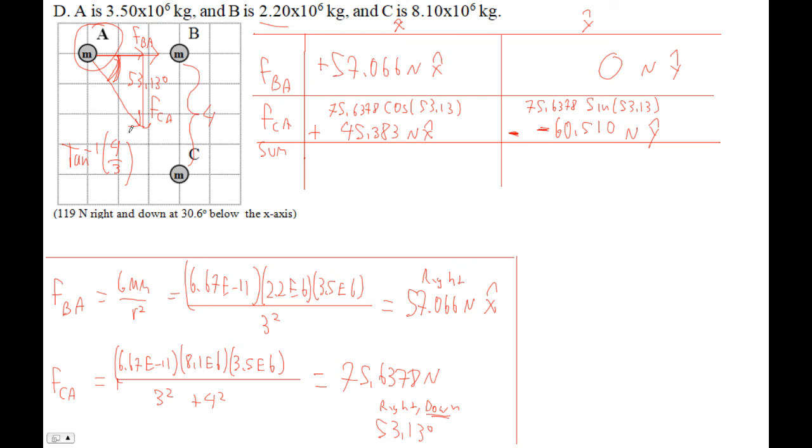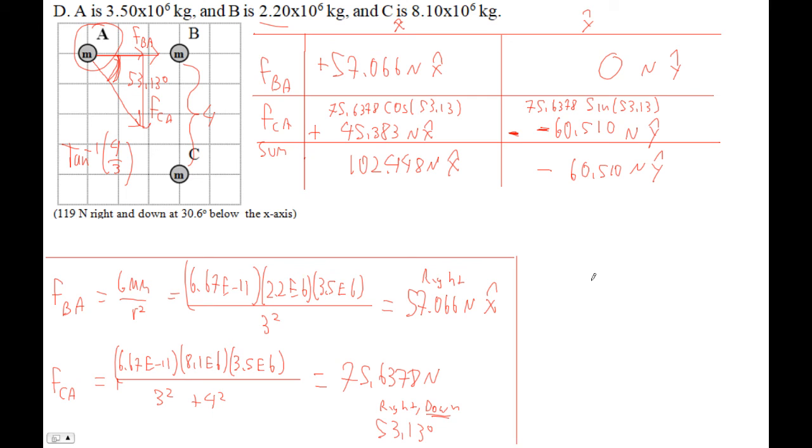C is pulling A down and to the right. So to the right is positive, down is negative in the y, right? So now we can just add these guys up. Let's find the 57 point whatever, plus the 45.383 is 102.448. And that's newtons in the x direction. Let's add these guys. That's negative 60.510 newtons in the y direction.